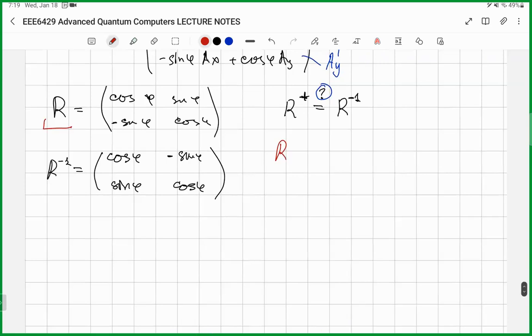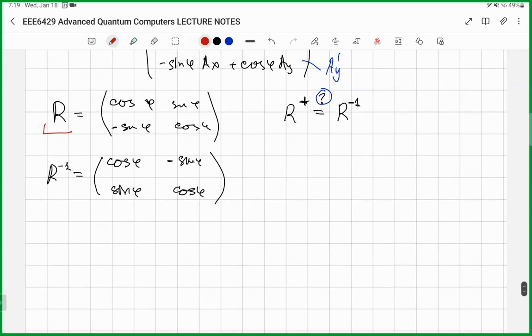To do that, we take the complex conjugation, but these sine and cosine functions are real. So the complex conjugation doesn't change anything here. And then I remind you that the Hermitian conjugation, R dagger, is the same as the complex conjugation and taking the transpose.